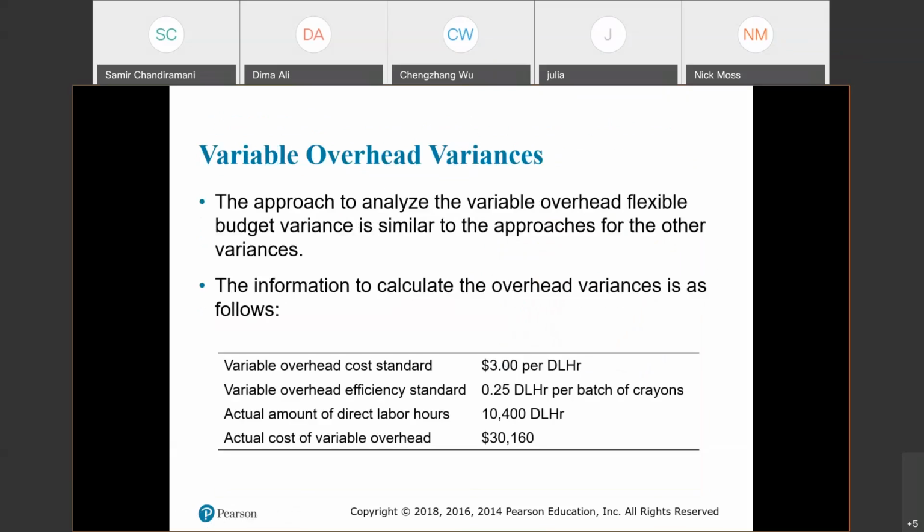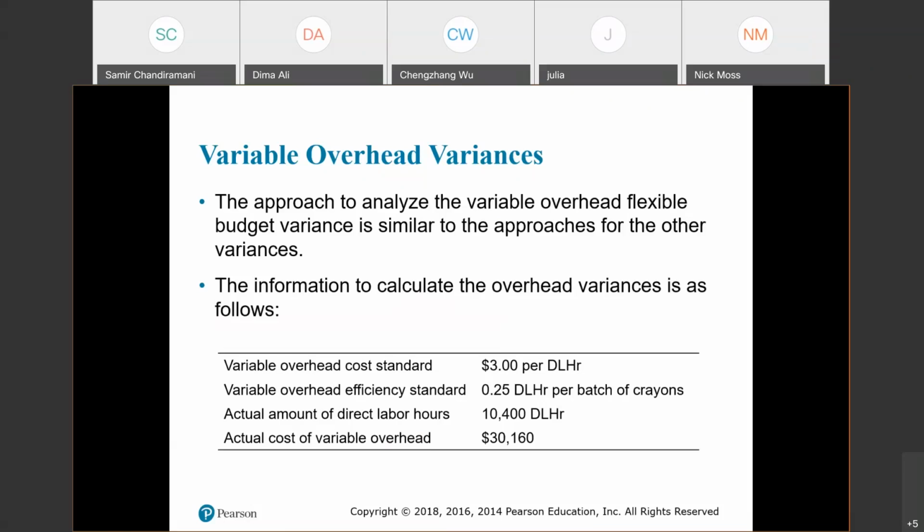The company computes the variable overhead cost and efficiency variances. If you can recall, the standard cost for variable overhead is $3 per direct labor hour, and 13,000 direct labor hours were budgeted for 52,000 batches of crayons in the flexible budget.